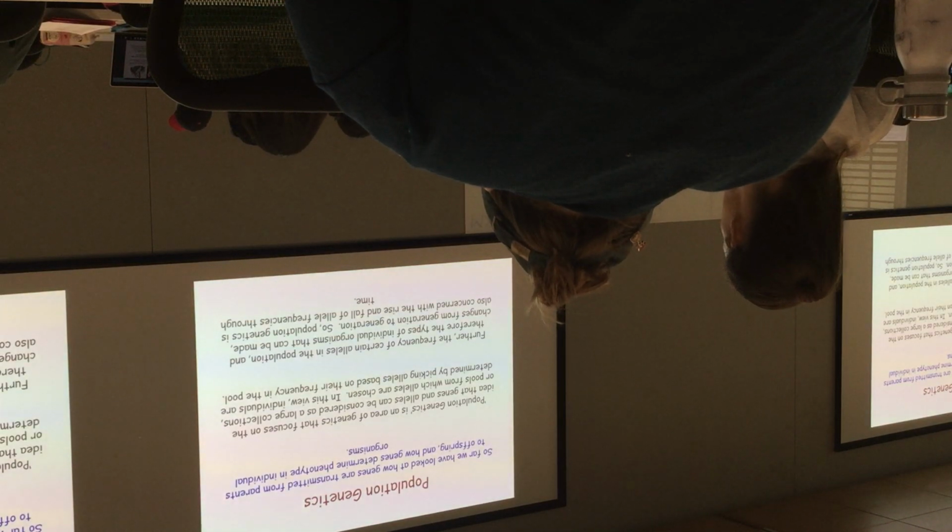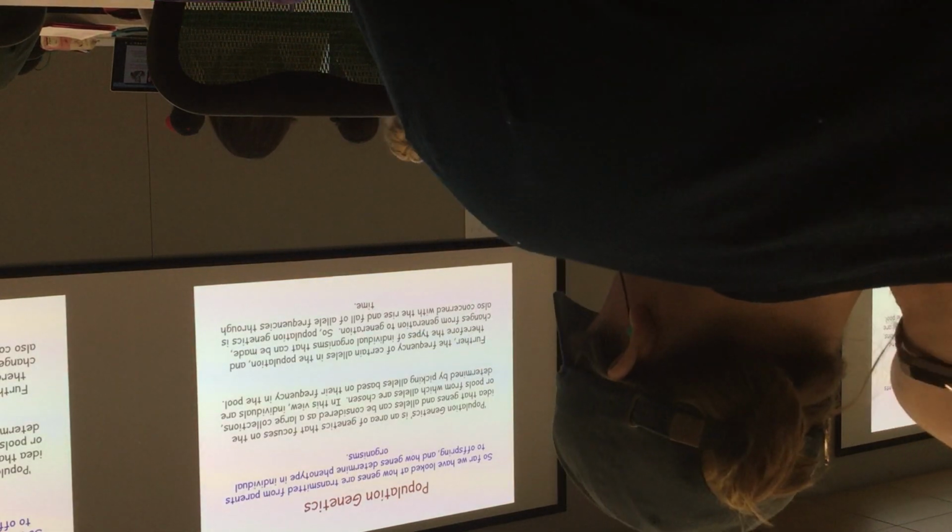But if you go 100 or 1,000 generations later, allele frequencies change. And so if you pick alleles out of the pool of genes in that later population, you might create slightly different character organisms because your allele frequencies have changed over time. So we're going to look at this idea in population genetics as well.